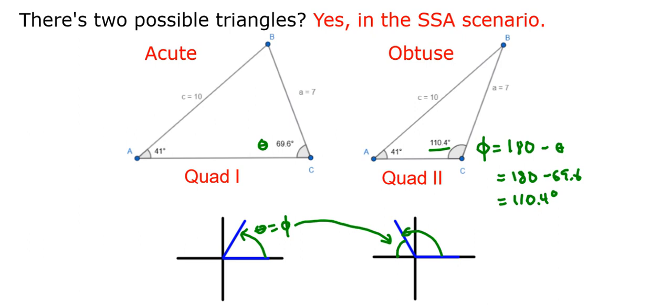And what's interesting here is that this happens specifically for sine, because even though your calculator will always give you the quad 1 answer if it exists, we know from the CAST rule, cosine is positive there, all of the primary trig ratios are positive there, sine is positive here, and tan is positive here. So we know that theta and phi will give the same ratios, and then in quadrant 2, sine is positive in both. So this leads to the ambiguous case.